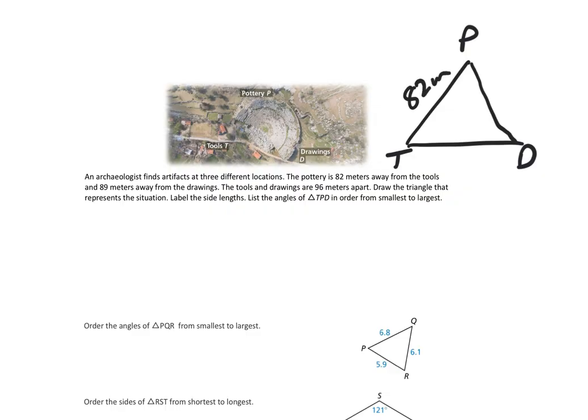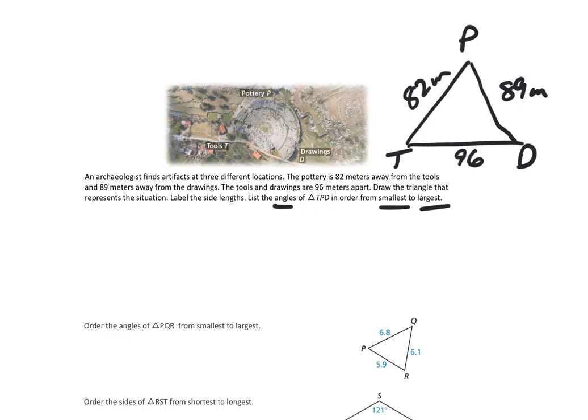We also know the pottery is 89 meters away from the drawings. Okay, the tools and drawings are 96 meters apart. So we now know the 3 sides, and we're trying to use the 3 sides to find the 3 angles. We're going to list the angles from smallest to largest.